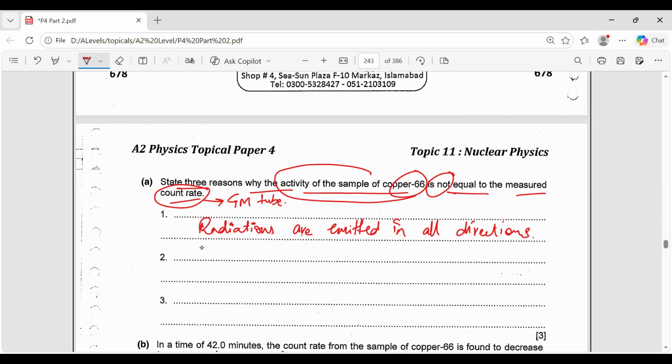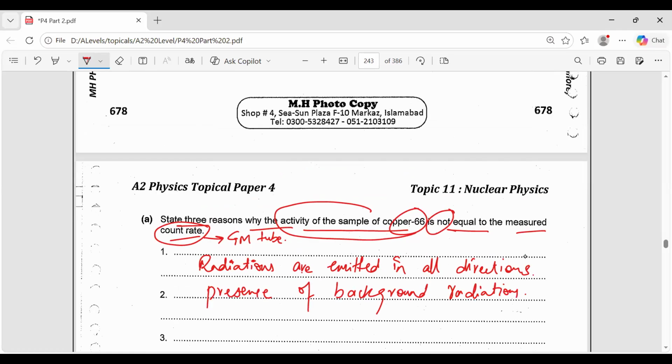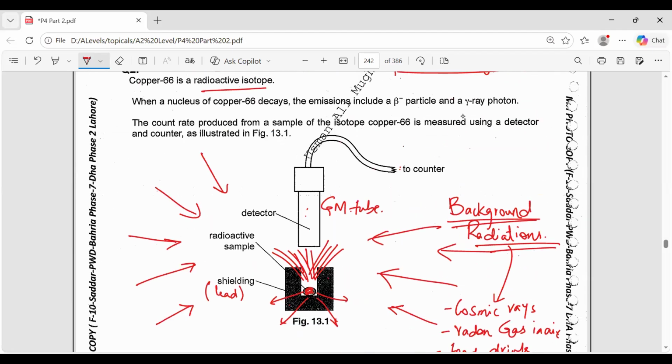The second point says there is a presence of background radiation. So definitely, if there is some additional radiation present, this counter will be reading a larger number. That larger number will not be equivalent to the number of radiations given out by this radioactive sample.